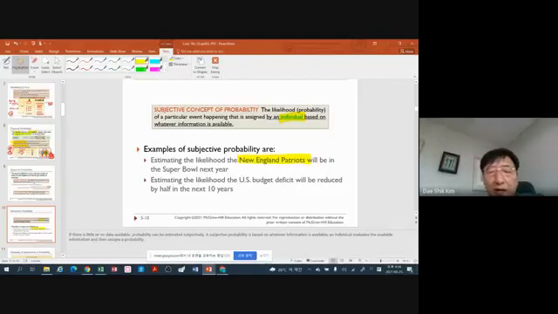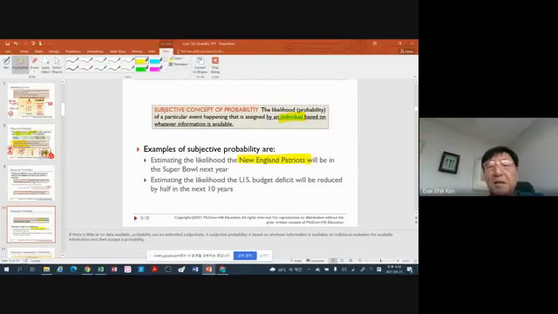If you are a fan of a Florida team, I forgot the sports club name, your subjective probability of the New England Patriots being in the Super Bowl will be like 10%, 20%.